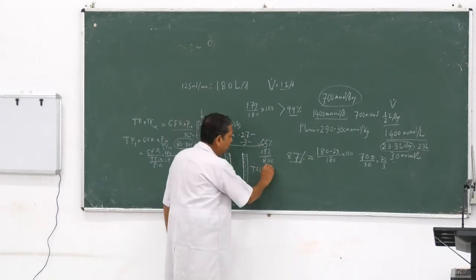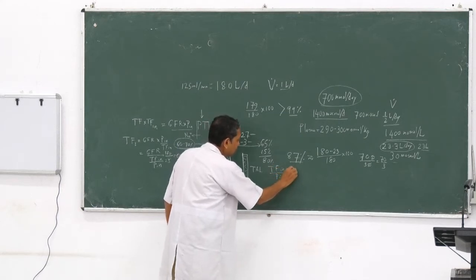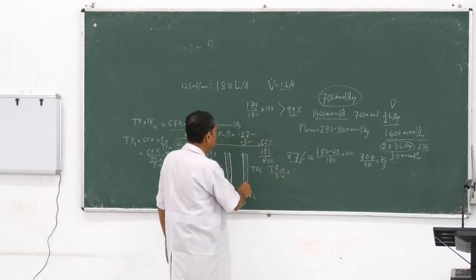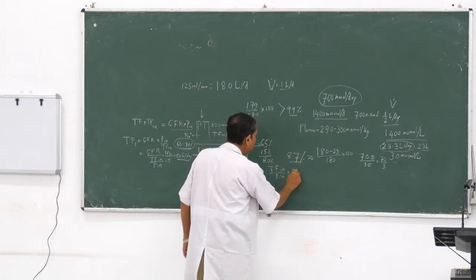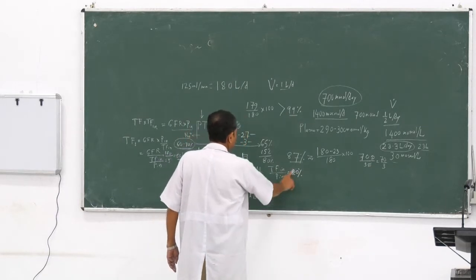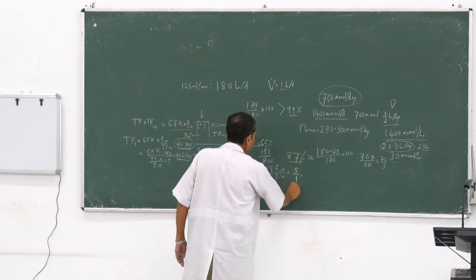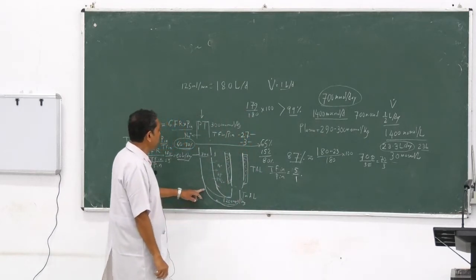and tubular fluid inulin and plasma inulin ratio becomes this 5. So only 20% remains.